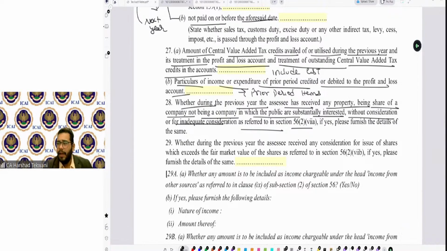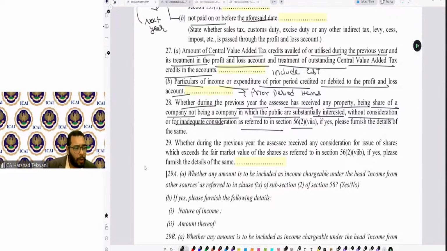That is, 56(2) talks about basically if you have received shares of the company, not being a company in which public is substantially interested, without consideration or for inadequate consideration.